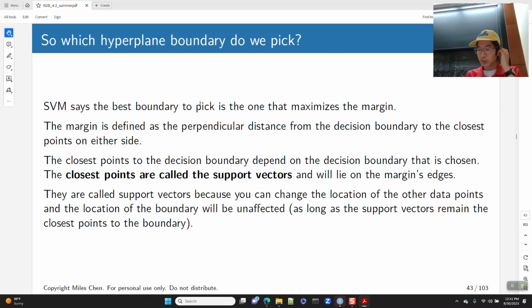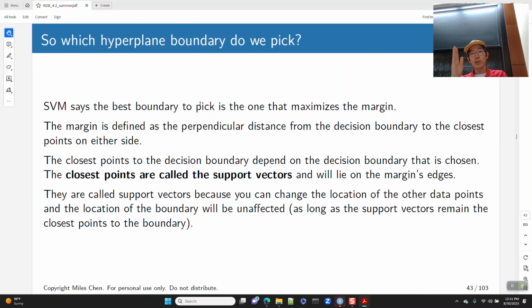algorithms here. So again, for support vector machine, what we want is to pick that boundary. We want to pick that line that's going to maximize the margin between the two parallel hyperplanes: lines in two-dimensional space, planes in 3D, hyperplanes in higher dimensional space.